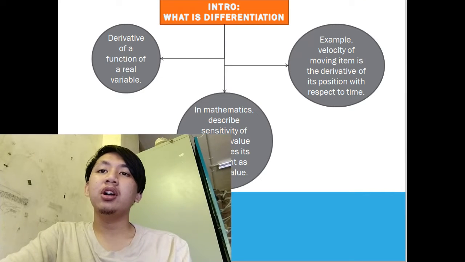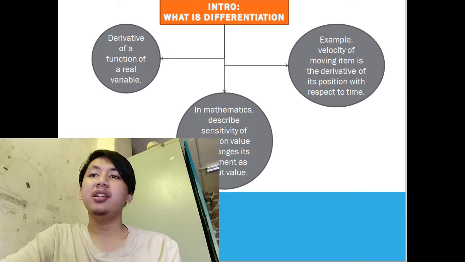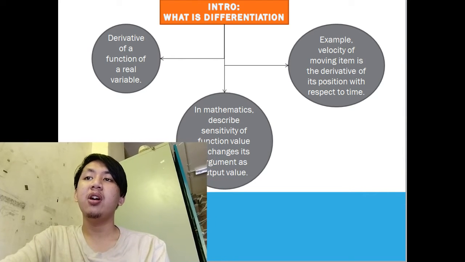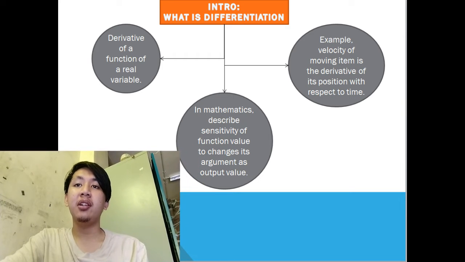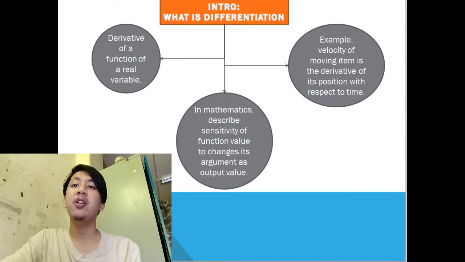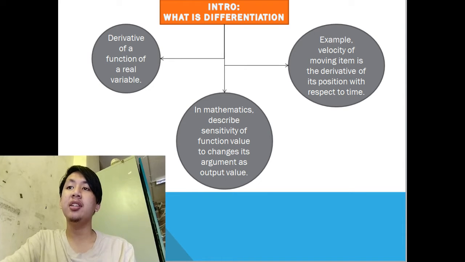Firstly, we will talk about what is differentiation. Differentiation is the derivative of a function of a real variable. In mathematics, it describes the sensitivity of the function value, as output value, to changes in its argument, as input value.